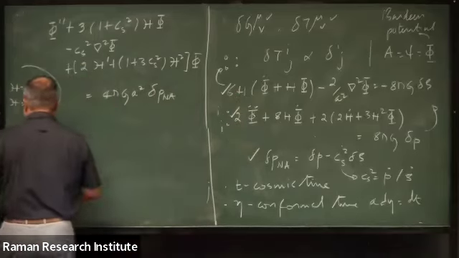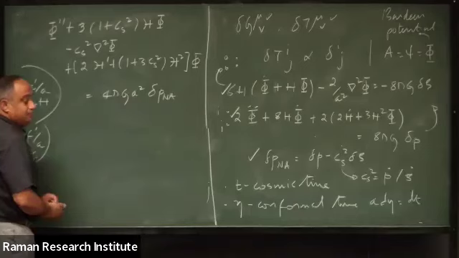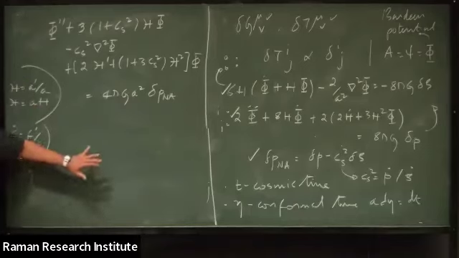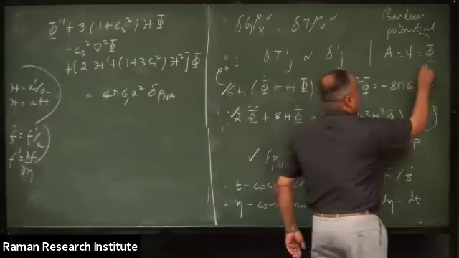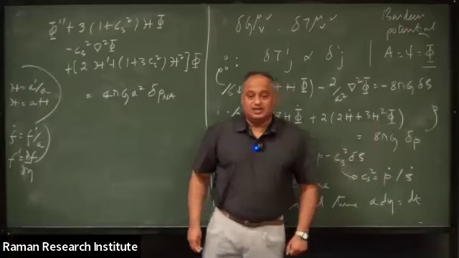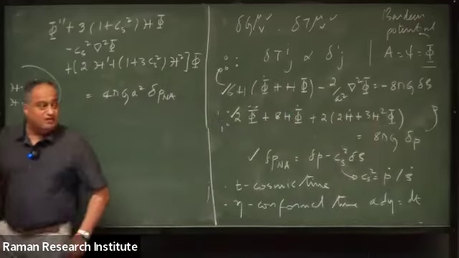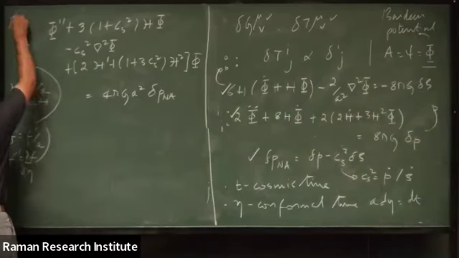So F prime is partial derivative dF by d eta. Is that clear? There was only one quantity that describes the scalar perturbations, and by combining Einstein's equations judiciously, we have arrived at this equation, and this is what is known as the Bardeen equation.